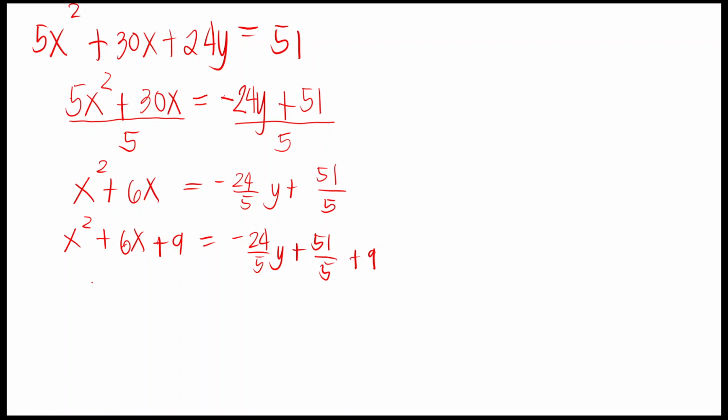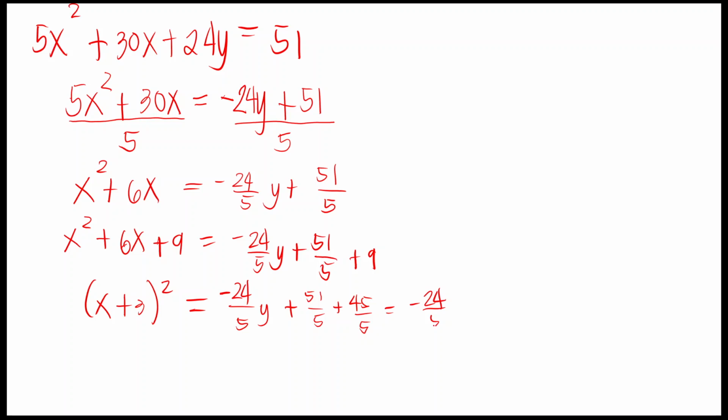The left side is now a perfect square, and we get x plus 3 squared. The right side, we are still going to simplify: 51 all over 5 plus 9 is the same as 51 all over 5 plus 45 all over 5, and that is equal to negative 24 all over 5 y plus 96 all over 5.